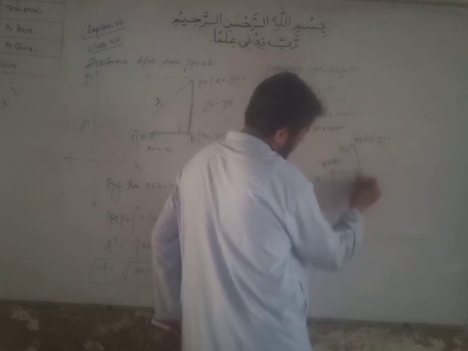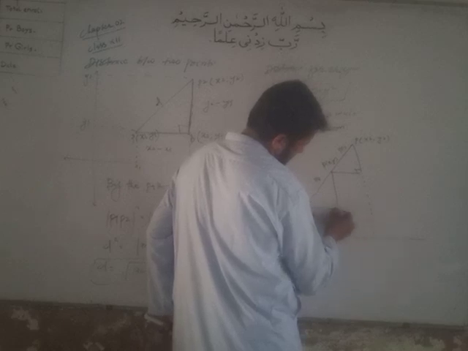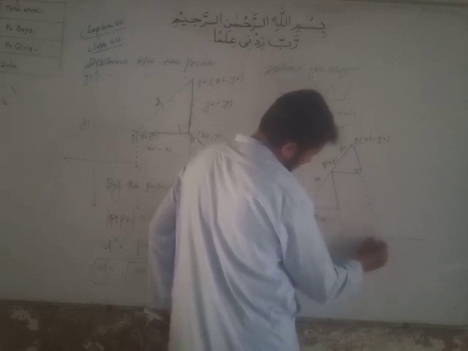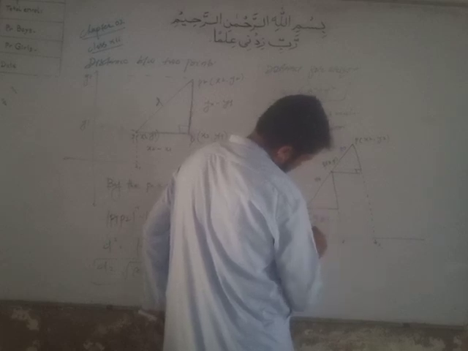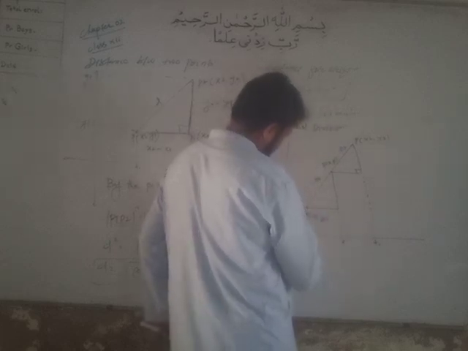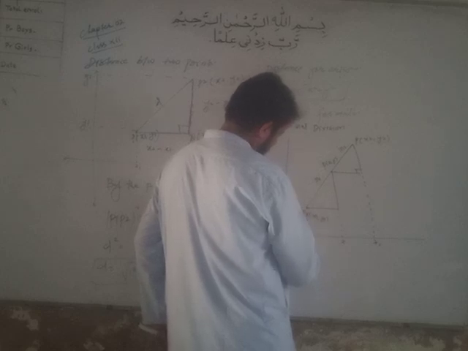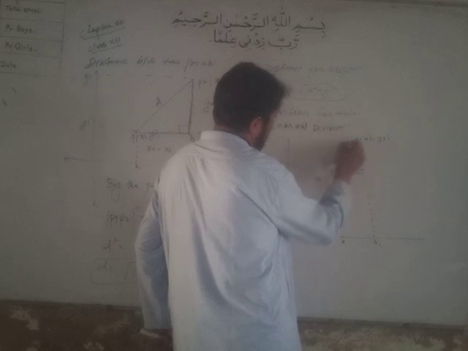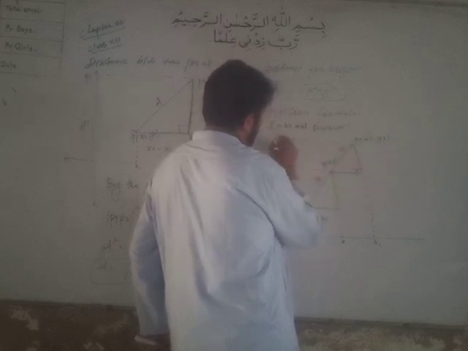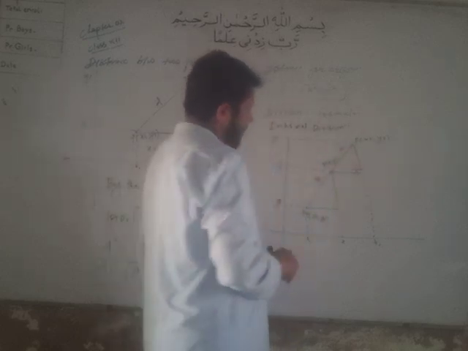This is the right angle triangle here. So this is x2, this is x, and here this is x1, and also here this is y1, and here this is y, and here this is y2.